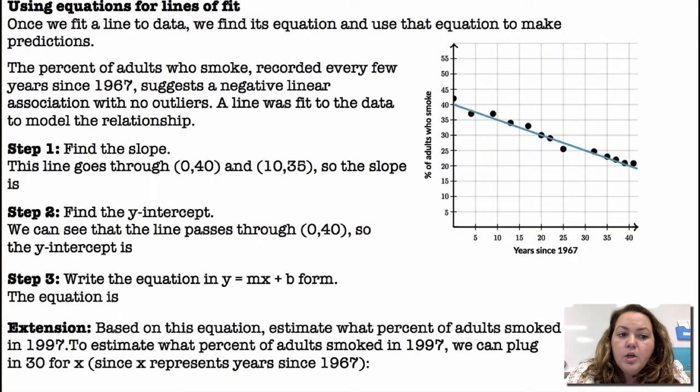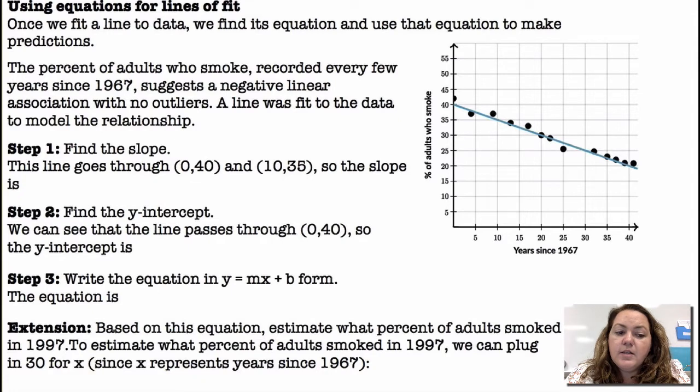All right, using an equation for the line of fit. Once we fit a line to the data, we find its equation and then we use the equation to make predictions. The percent of adults who smoke, recorded every few years since 1967, suggests a negative linear association with no outliers.